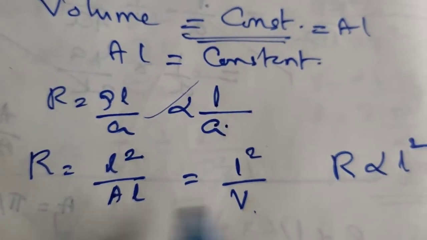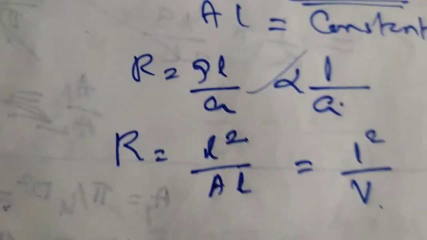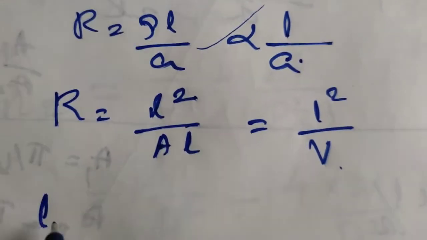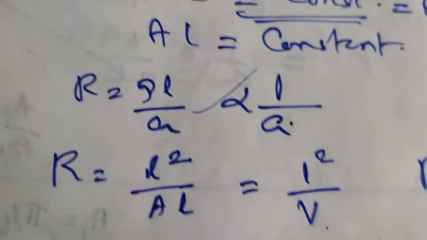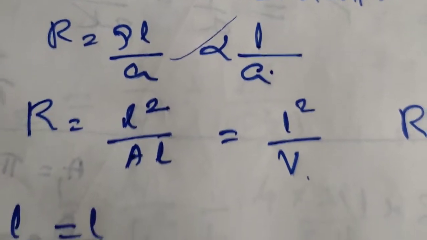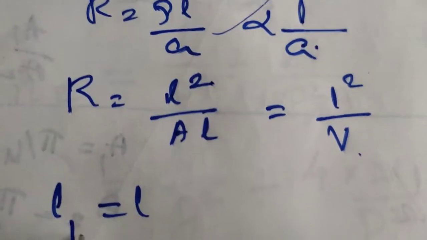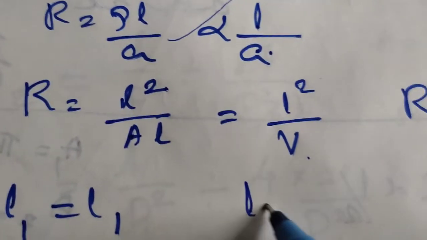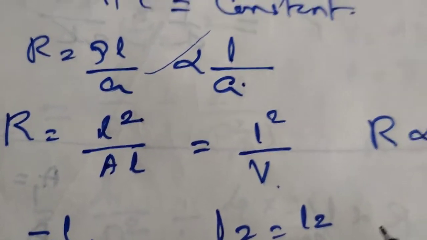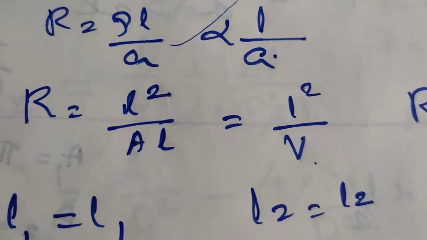So length is increased 100%. Let the first length be L1 and the second length be L2. Now what is the increase in length?